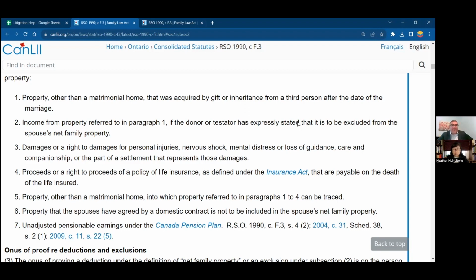So that is a gift, right? It's a gift. It's excluded up here, but many people forget that they need to expressly exclude the income. Sometimes people do, if they go to an estate lawyer, they'll get that advice to make a declaration that includes that language. Okay, let's keep going.